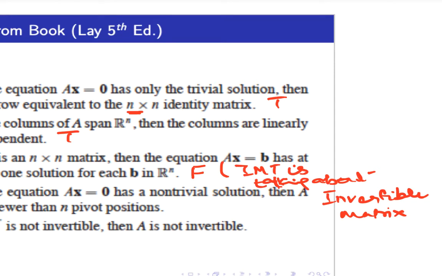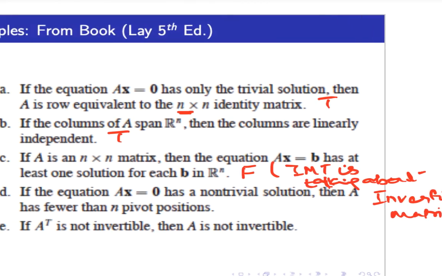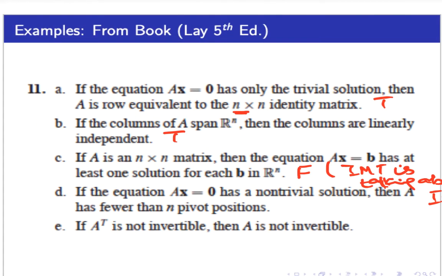Okay, let's look at the next two equations. It says, if this equation Ax equal to 0 has a non-trivial solution, then A has fewer than n pivot positions. And this is also true. The reason is because these are negation statements. Remember what the IMT says.